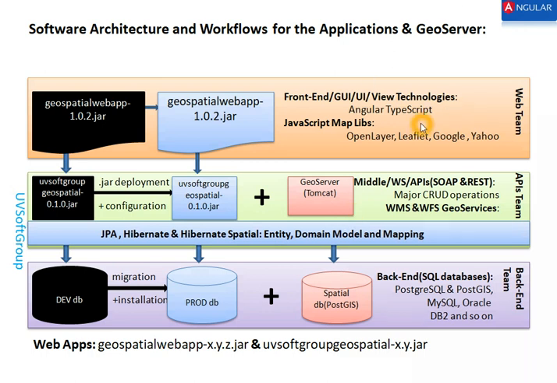Please follow screencast number 34, where there is a detailed discussion of how to install and configure GeoServer, how to build and publish your services, and how to call those services from your front-end technology. I already showed how the front-end technology calls the services with Thymeleaf, with JSP, and maybe FreeMarker is not there because I didn't have enough time for that one.